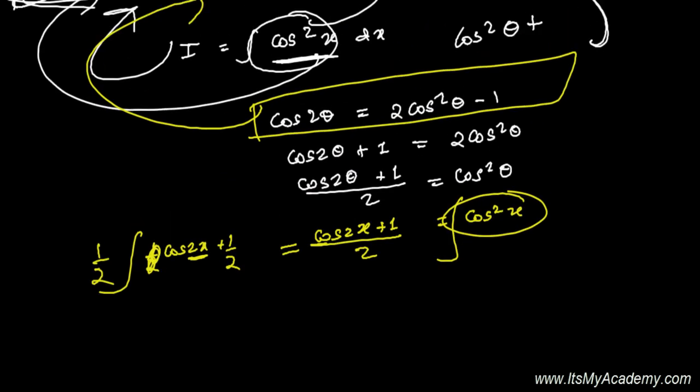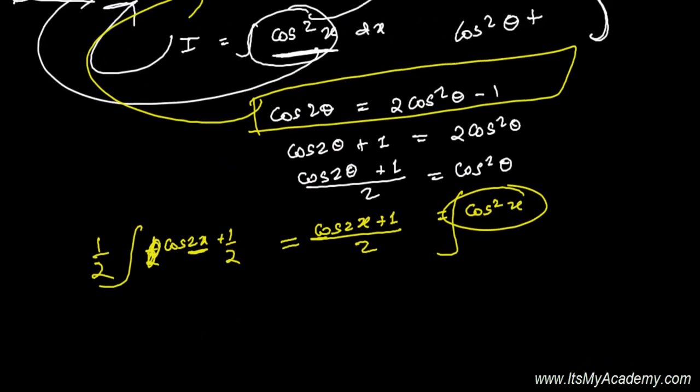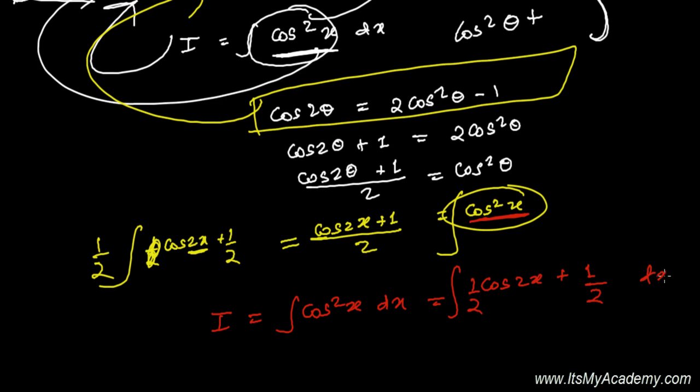Alright, so let me do it a little more properly. This is the same question: the integral of cos square x dx. Cos square is actually cos 2x plus 1 by 2. So I'm writing here cos 2x plus 1, and half here is also half, dx.